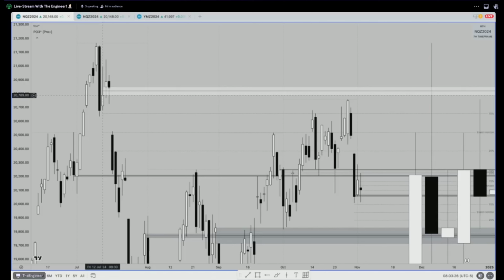So above here, we don't have any new month opening gap, but if you see between this Friday the 12th of July and the Monday, we created this gap. I will consider this gap as a reference point for my high time frame perspective, if you want to call it like this.